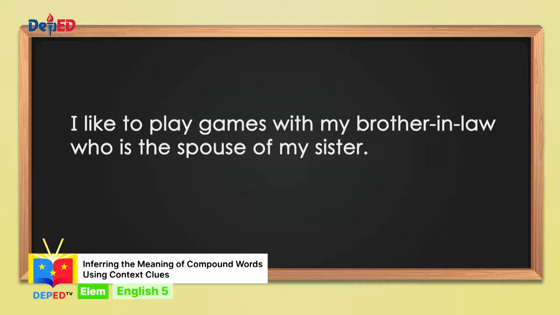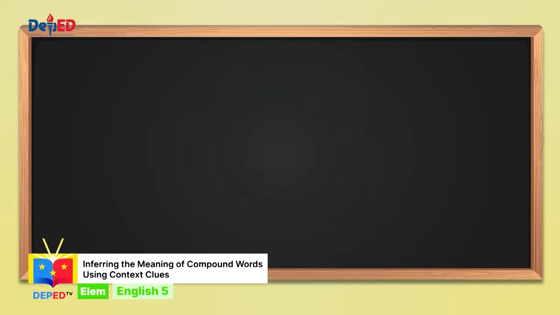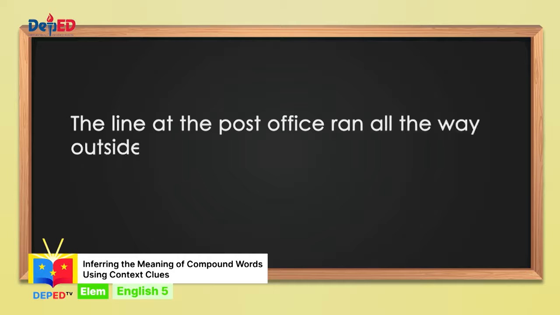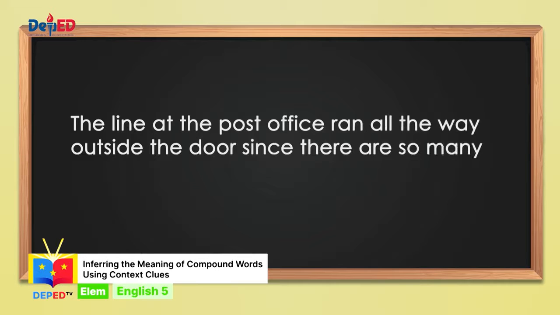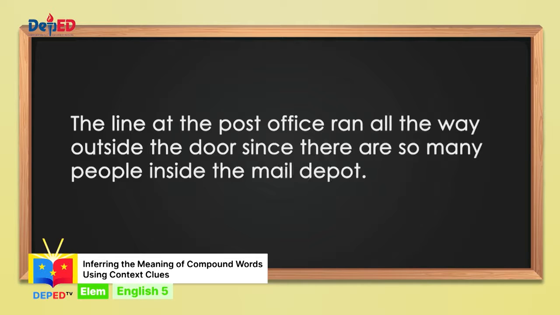Good job answering. Here's the third sentence. The line at the post office ran all the way outside the door since there are so many people inside the mail depot. What is the compound word in that sentence? Write down the type and the meaning in your notebook. Who is ready for the next sentence? Here it is.